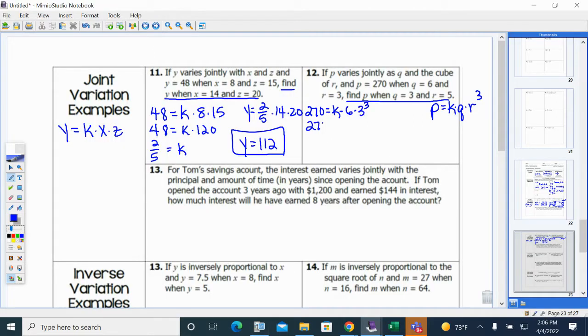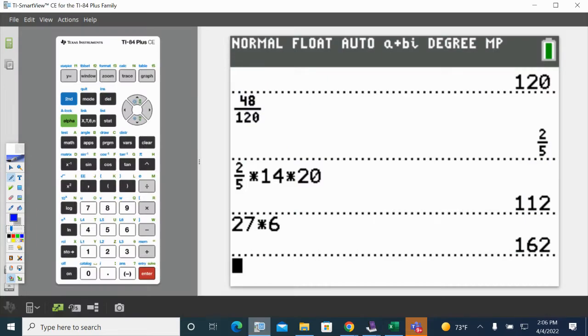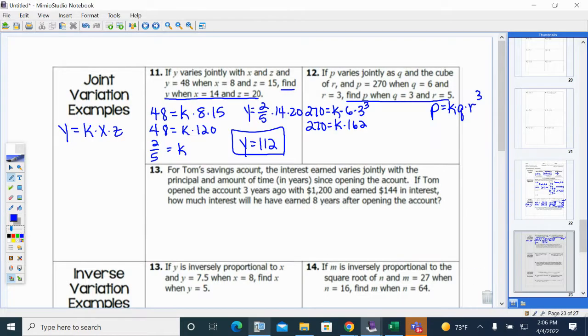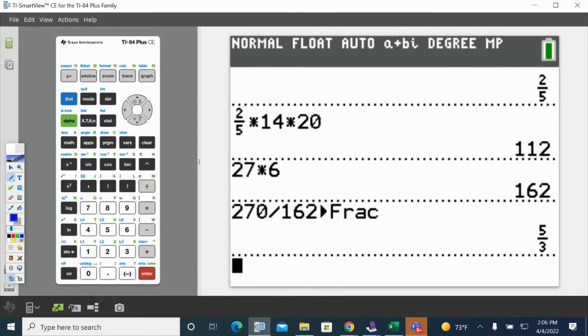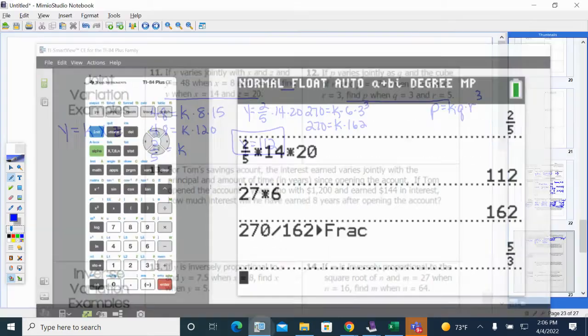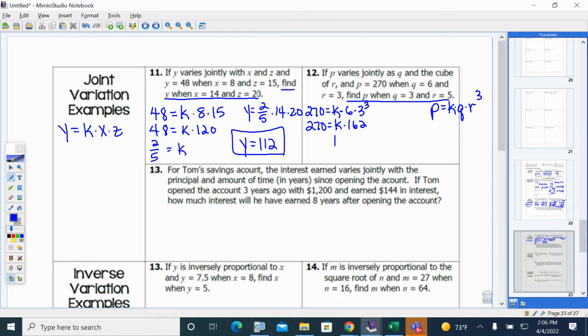So this is 270 equals k times 162. And then we need to divide by the 162. So 270 divided by the 162 is 5/3. So k equals 5/3.